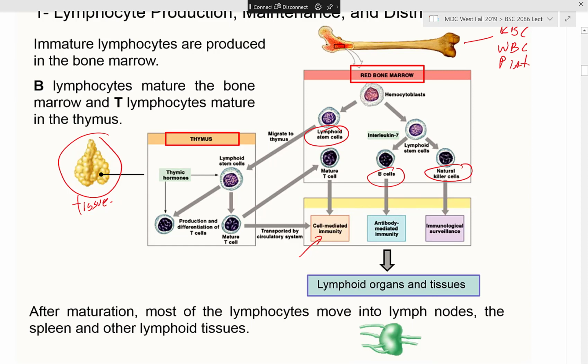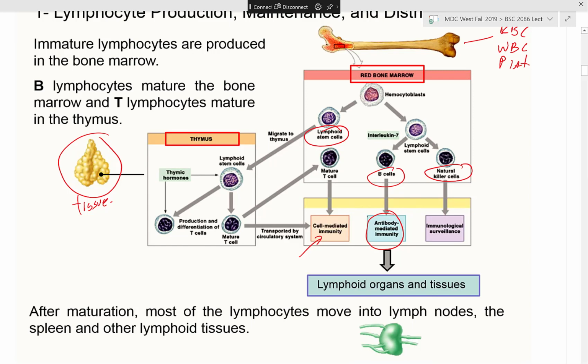Now, on the other hand, you have your B cells. Your B cells are created in the red bone marrow, and as they mature, it's because they've been exposed to an antigen, and this becomes an antibody-mediated immunity. Why is it antibody mediated?